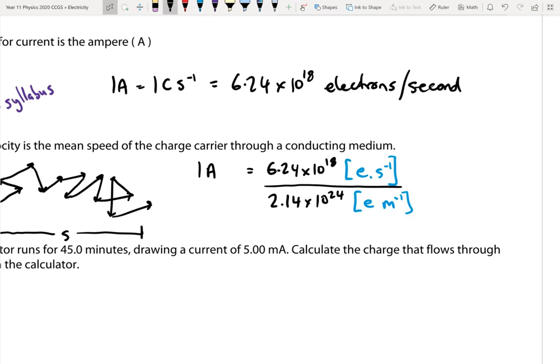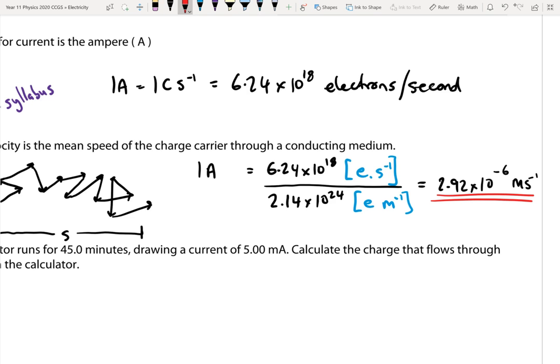We get a unit of meters per second: 2.92 times 10 to the negative 6 meters per second. They're not moving very fast, but there's lots of them.